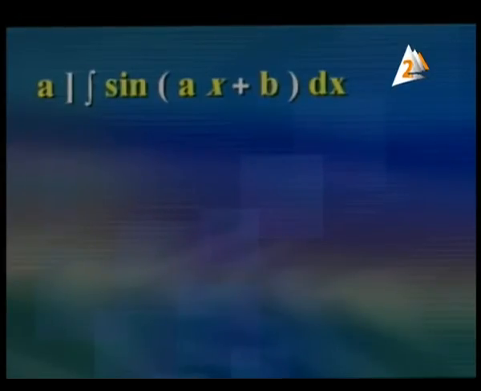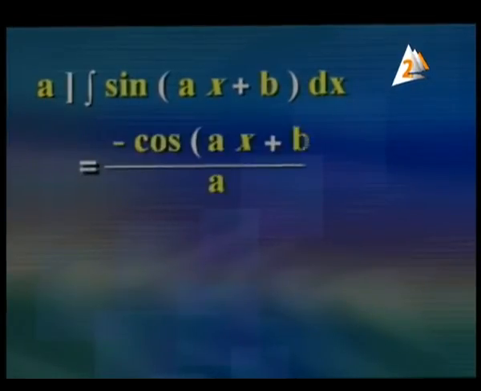Integration of sine of bracket ax plus b with respect to dx equals what? Negative cosine bracket ax plus b over the coefficient of x, plus c.